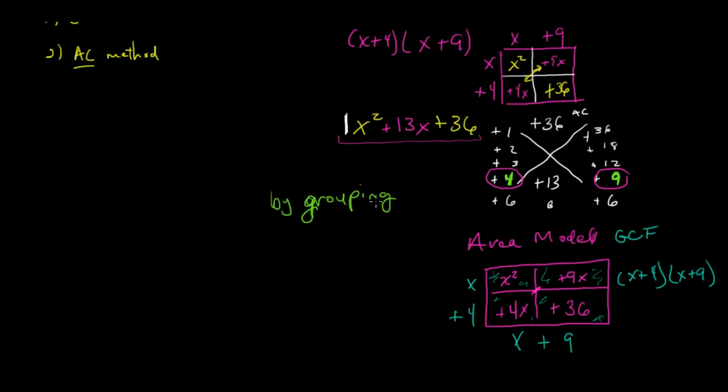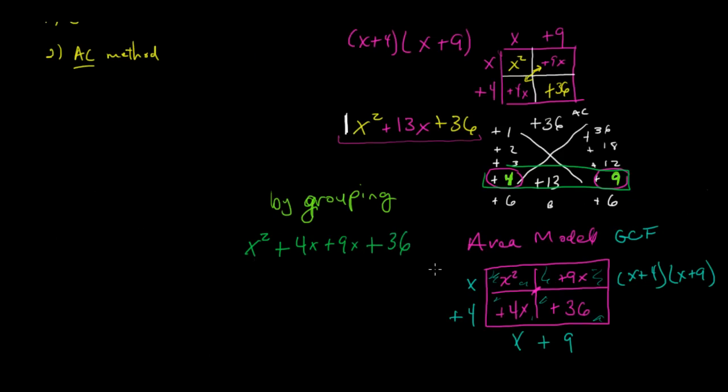Let's take a look at what it looks like by grouping. So by grouping, what I'm going to do is I'm just going to rewrite this polynomial x squared plus, but now I'm going to split up 13x into those factors. So it's plus 4x plus 9x, and then 36 is left there, plus 36.